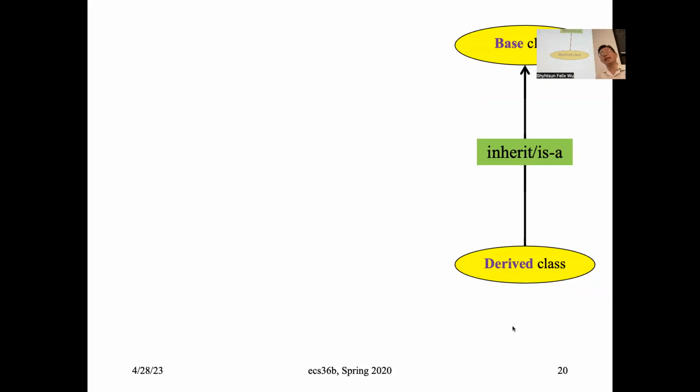So far we only cover single inheritance. So the flow of my instruction will be single inheritance, which you already kind of know. And then I'm going to talk about virtual function. And after I talk about virtual function, I'm coming back to talk about multiple inheritance.